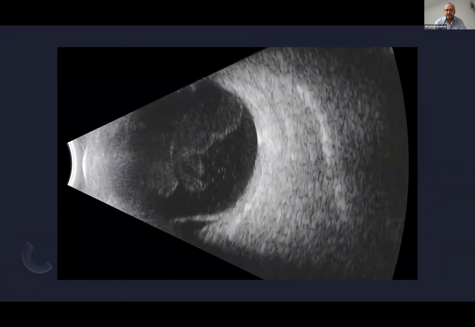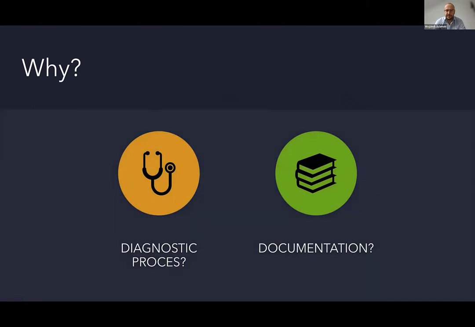But the question is, in patients that complain about floaters, should we do ultrasound in that group of patients? Should we do ultrasound in every patient that comes to us and complains about floaters? Why should we do ultrasound? Should we do it to broaden our diagnostic understanding of what's going on in the eye?